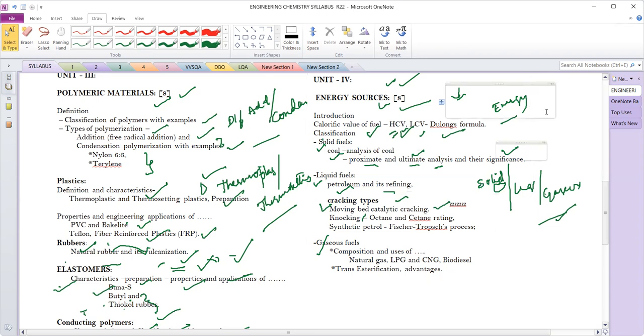Before we start in detail in the next session, I would like to discuss some of the important topics, and also some very short answer questions. So please go through the next sessions as well after the completion of this session.